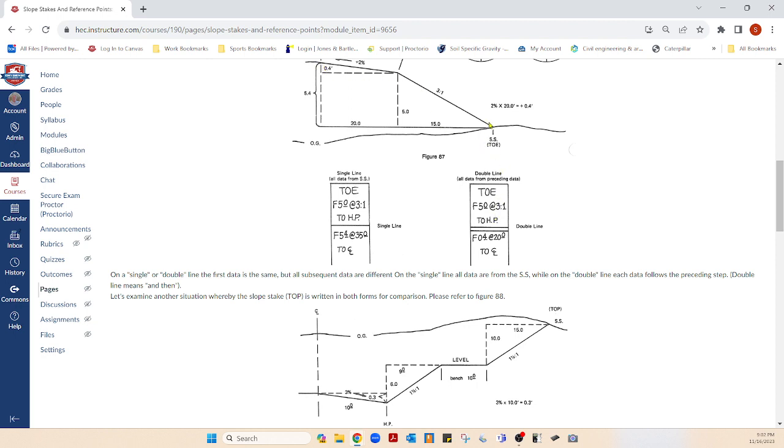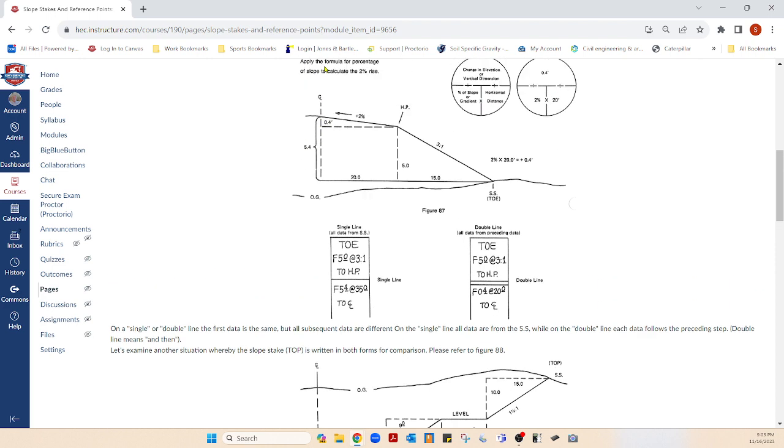The next thing would be fill this 5 and this 0.4 at 35 feet. So fill 5.4 at 35 feet would get us, oh, there it is, right there, to the center line.